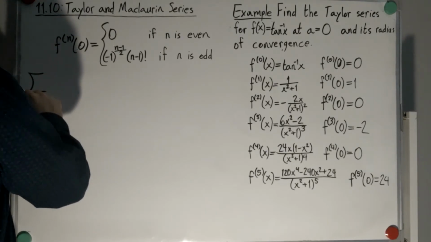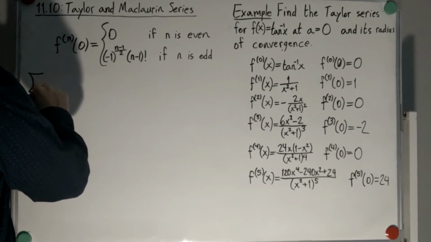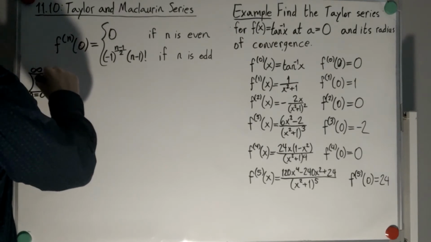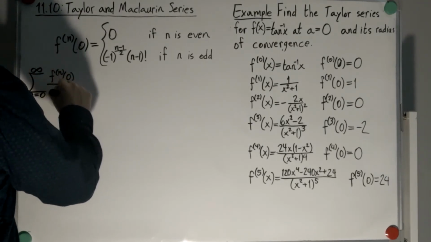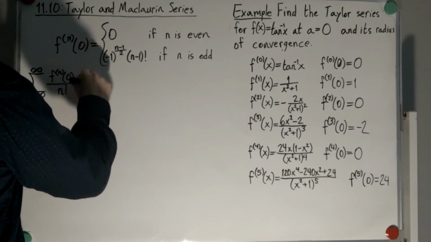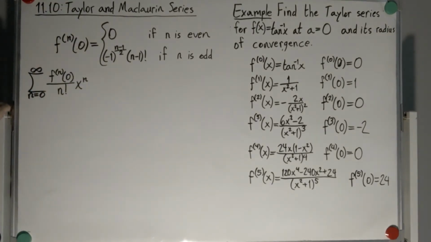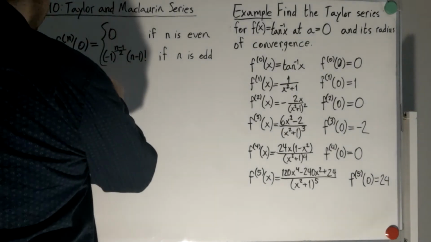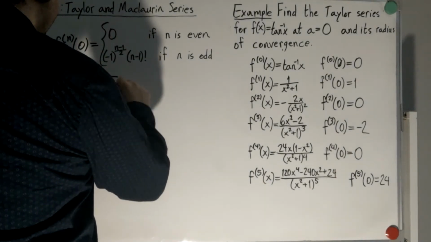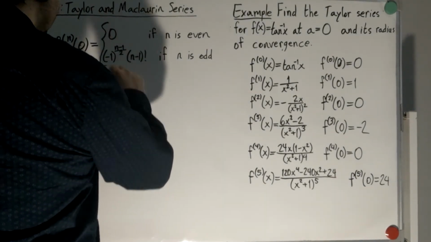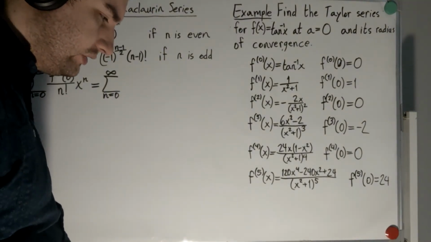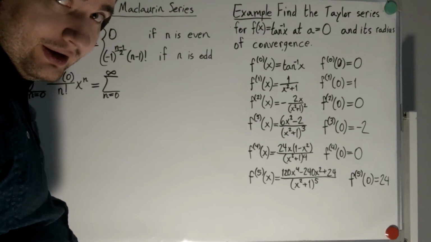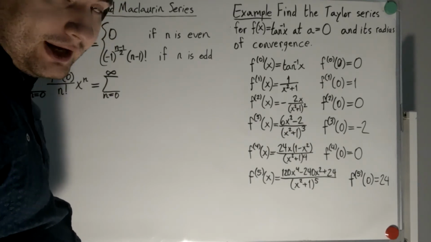So here's how we'll do it. This is going to be the sum from n equals 0 to infinity of the nth derivative of f evaluated at 0 divided by n factorial times x to the nth power. Okay, now, can we agree that this series is going to be the sum of all the terms with even n and the sum of all the terms with odd n?